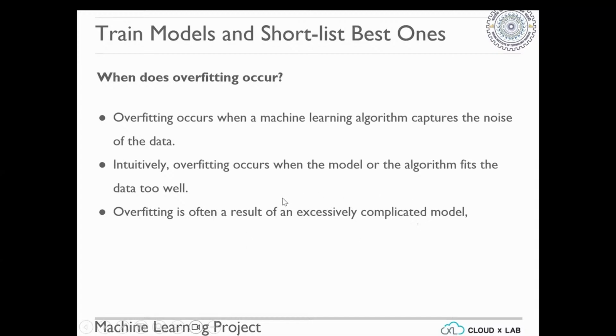So we can use this as a step to prevent overfitting. Or if the feature is the cause of overfitting, then we can use feature selection to prevent overfitting. Or if we have noisy data, then we can use some pre-processing techniques to filter out that noise, right? So depending upon the cause of overfitting, we will follow certain steps to prevent overfitting, right?